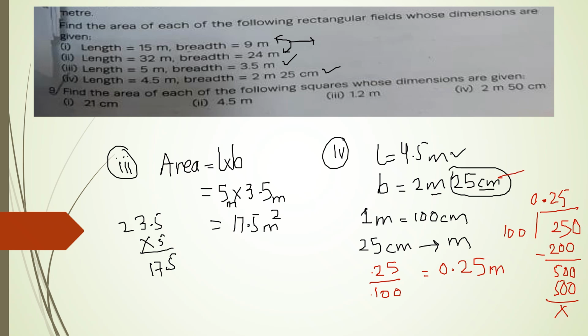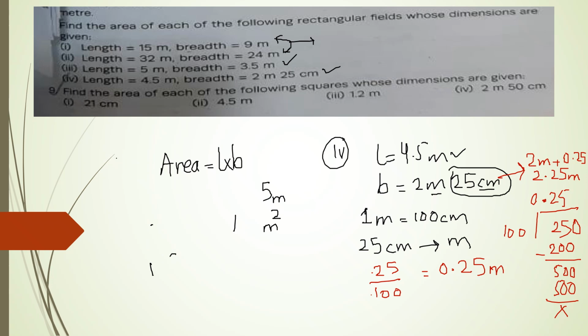Now we will add them together. We have 2 meters already in meters and now we have converted 25 centimeter into meters also, so 0.25 will be added with this and you will get 2.25 meters, right? Now for finding the area, we will multiply these two numbers together.